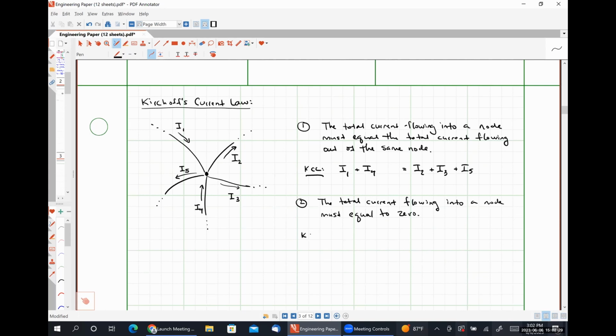Instead, we're going to represent currents I2, I3, and I5 as if they were flowing in. So I1 is flowing in, so it gets a positive sign. I2 is flowing out, which means negative I2 is flowing in, because as we discussed in our last class meeting, if we want to change the direction of a current, we simply change the sign on its magnitude, right? Since I3 is flowing out, we change the direction by including a negative sign.